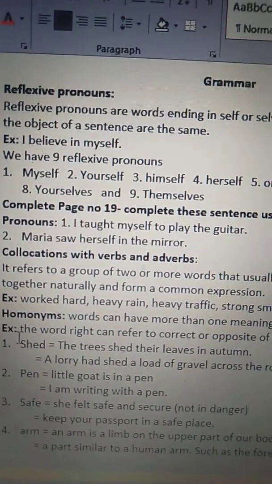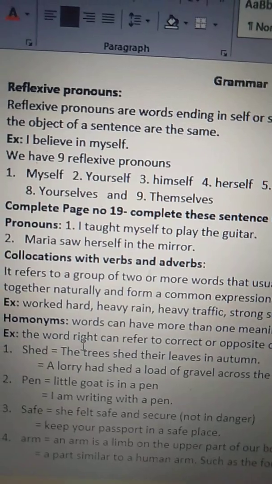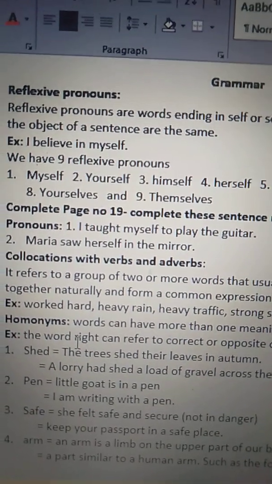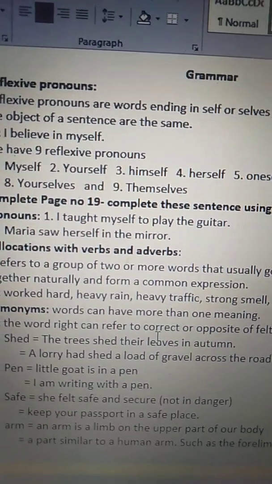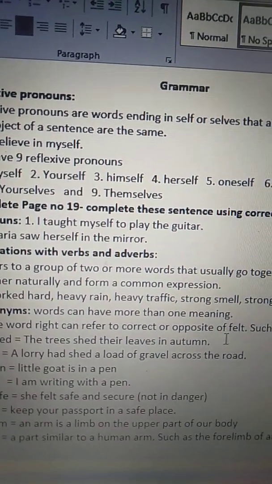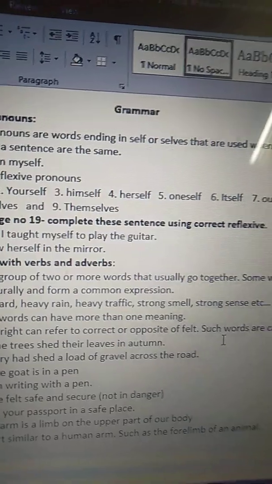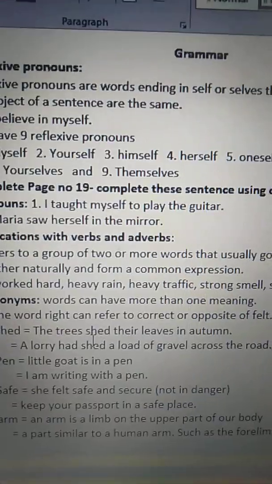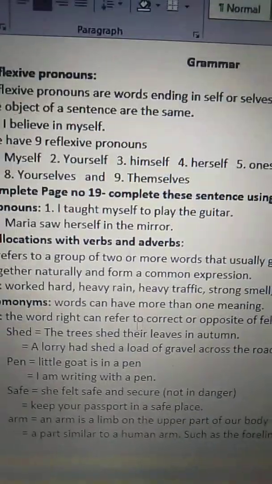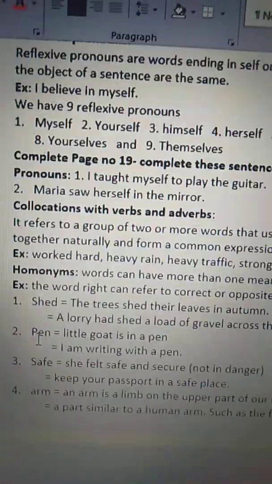For example, the word right. Right can refer to correct, or the opposite of left. Such words are called homonyms.